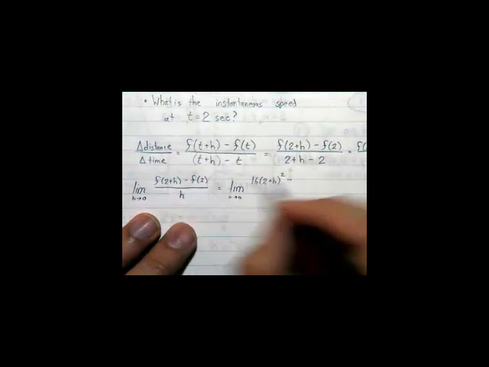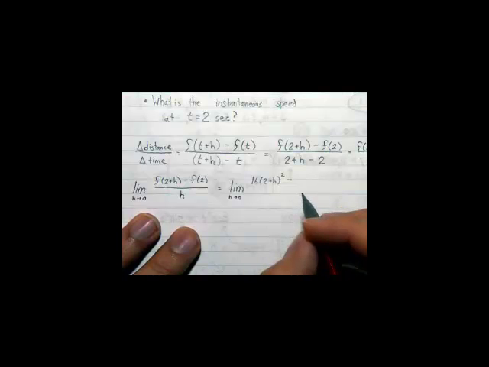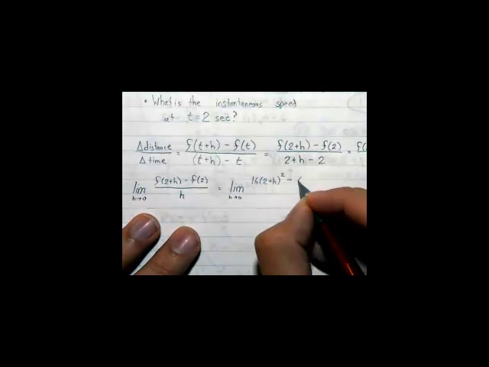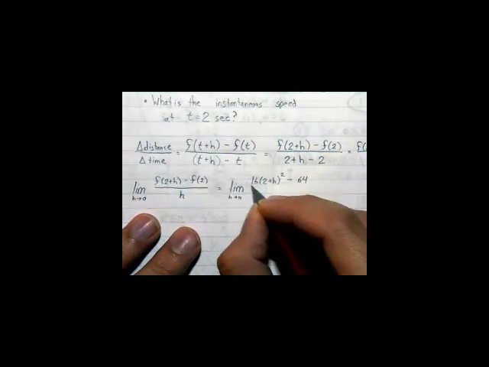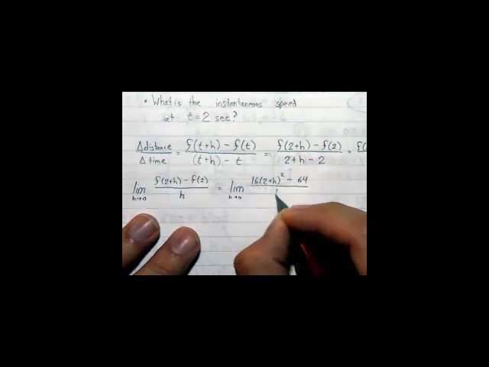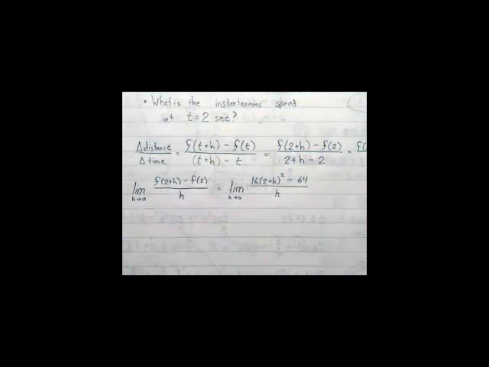And then f of 2, we already did earlier, right? That was 64. So we're looking like that now. When you plug the 2 plus h in, you get 16 times 2 plus h squared. When you plug in a 2, you get 64.